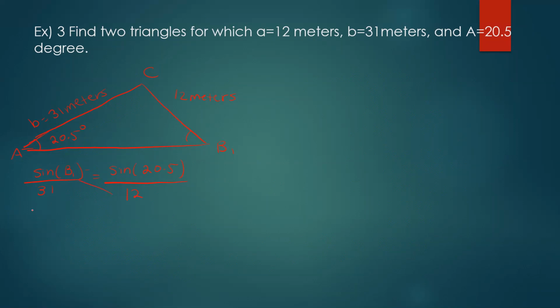So cross multiply, so that would be 12 sine of B1 equals 31 sine of 20.5. And then divide both sides by 12. You get sine of B1 equals this.